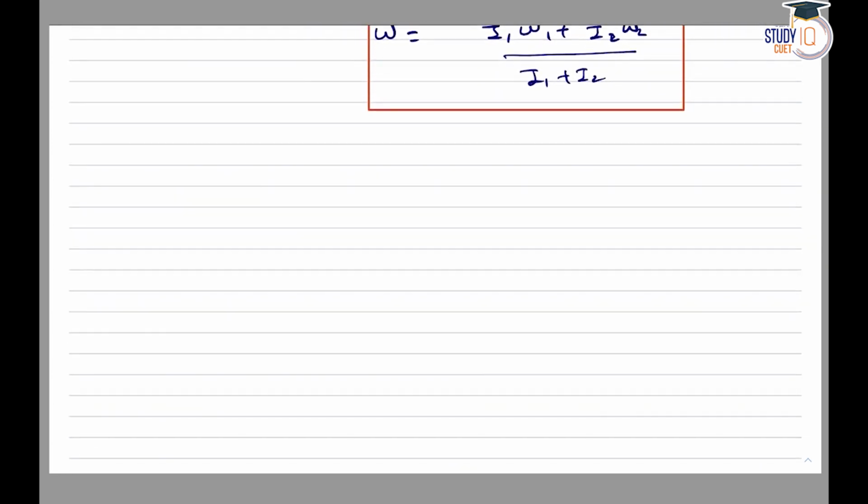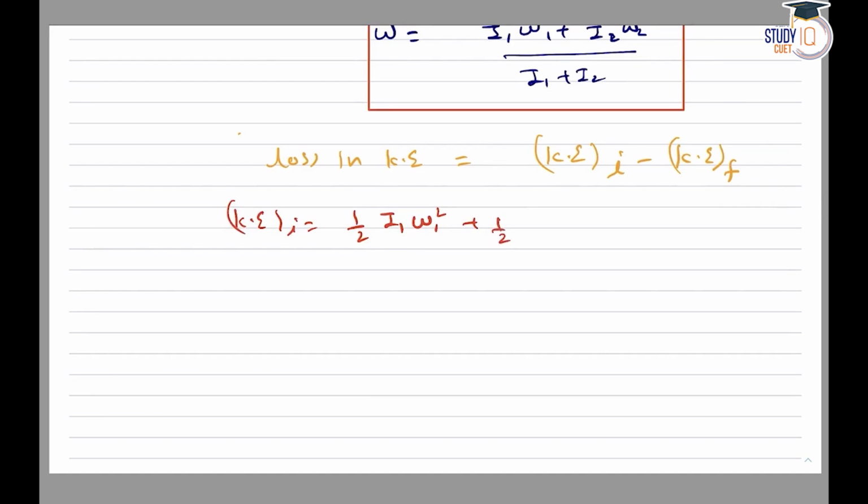Now, the loss in kinetic energy can be found as kinetic energy initial minus kinetic energy final. Initial kinetic energy can be written as half I1 into omega 1 square plus half I2 into omega 2 square.